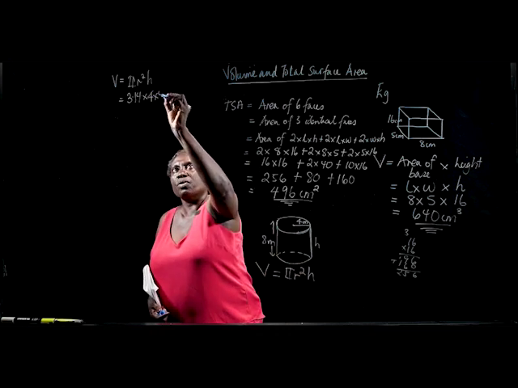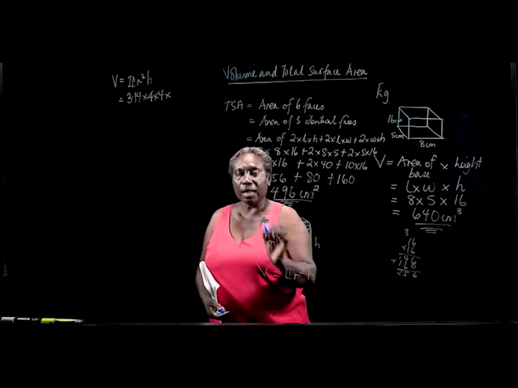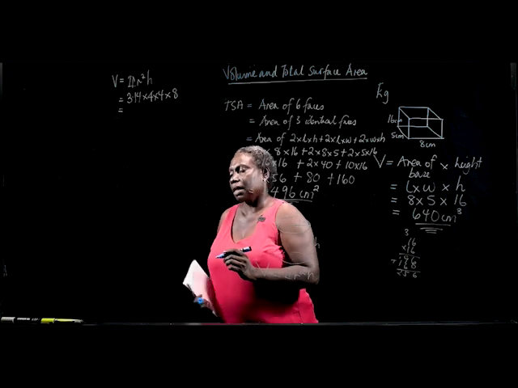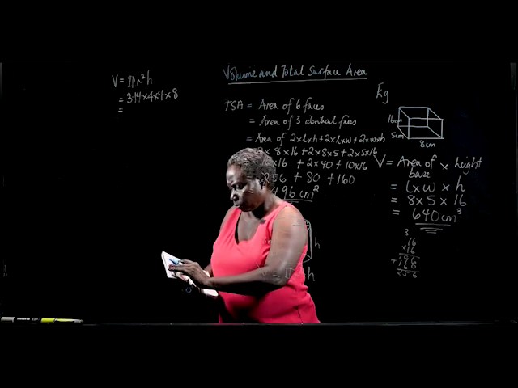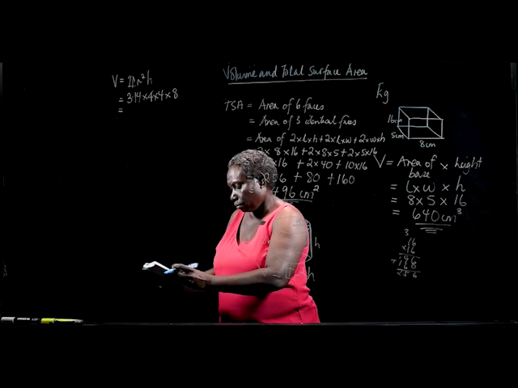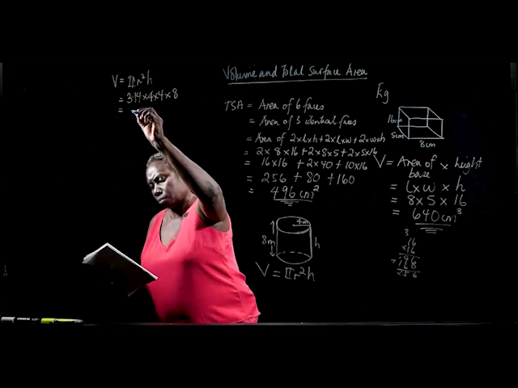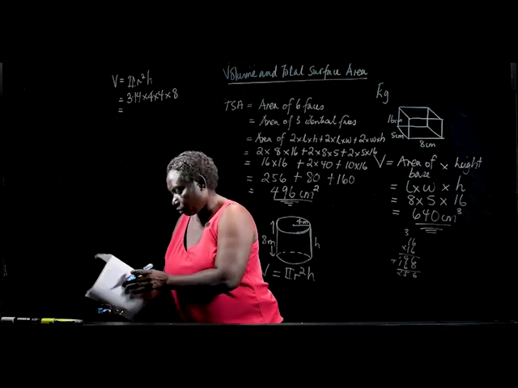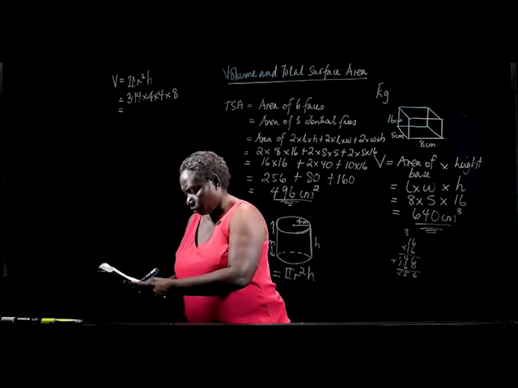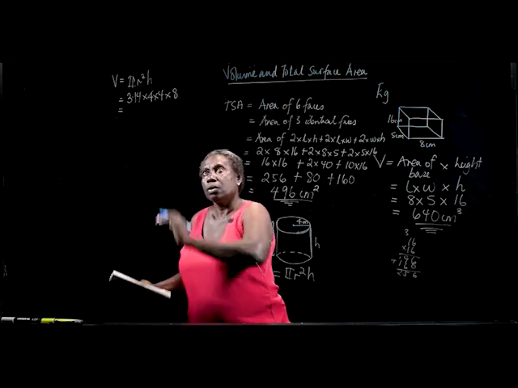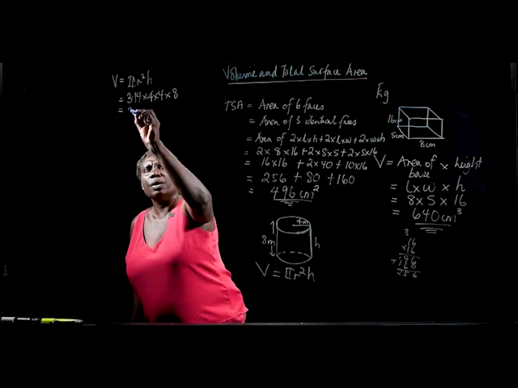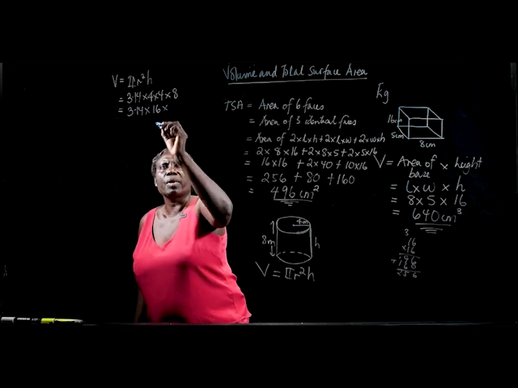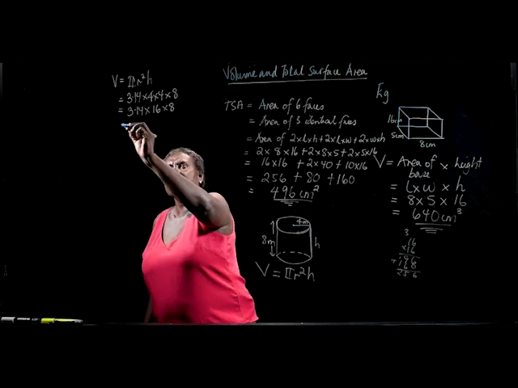We have 4 times 4 multiplied by the height, which is 8 meters. That gives us a total of 3.14 times 16 multiplied by 8.